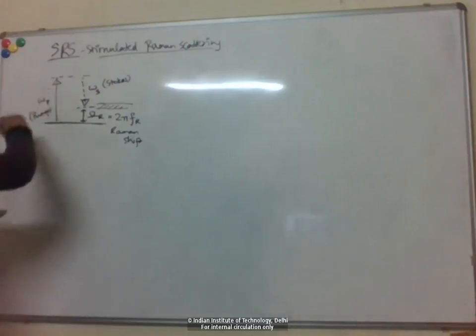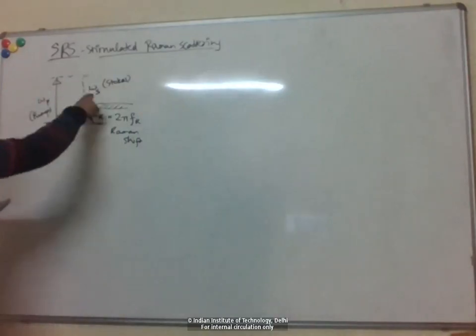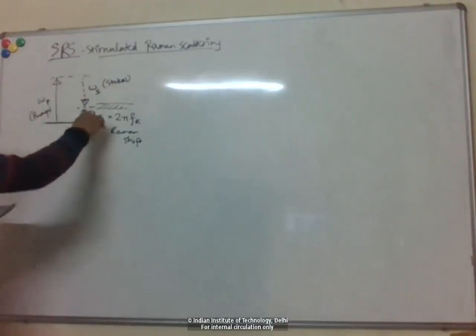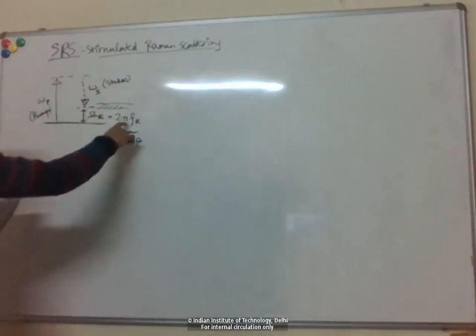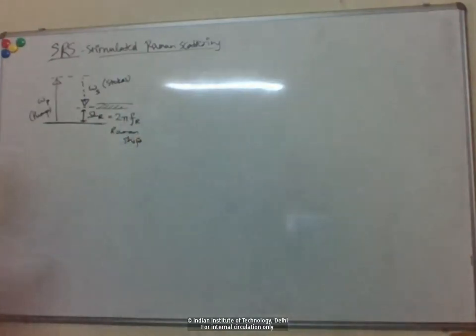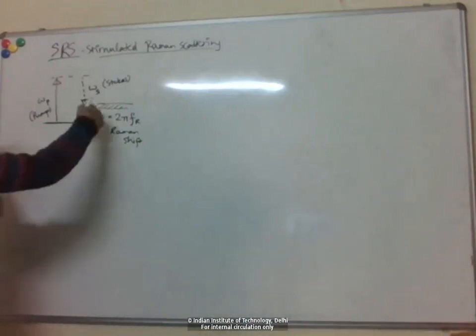But yeah, so this is the pump omega p. This is the scattered photon omega s. Obviously, omega s is less than omega p by an amount omega r, which is 2 pi f r, the Raman shift. Okay, so these are localized vibrations.